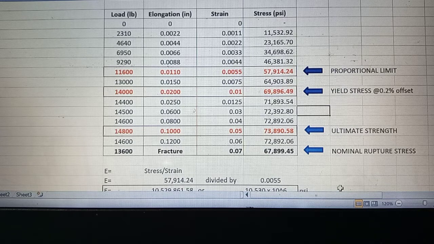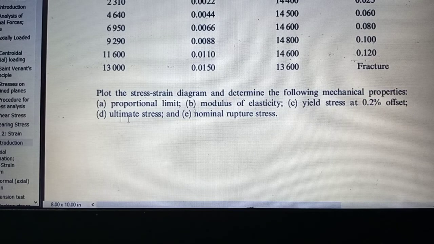What about the ultimate stress? Here, ultimate stress and nominal rupture stress. The ultimate stress is simply the highest stress in the stress strain diagram.